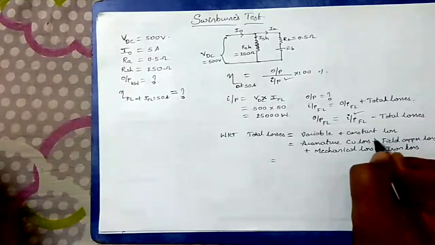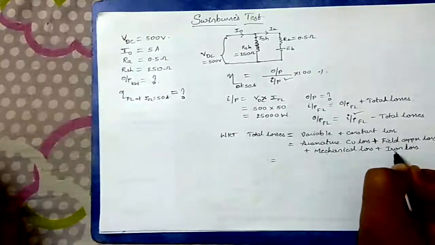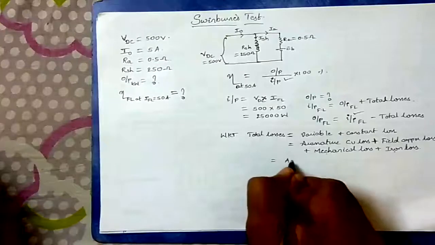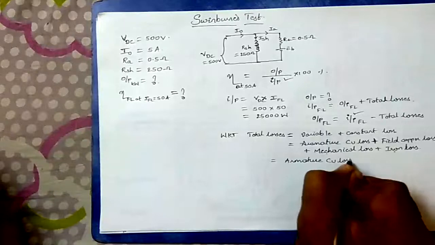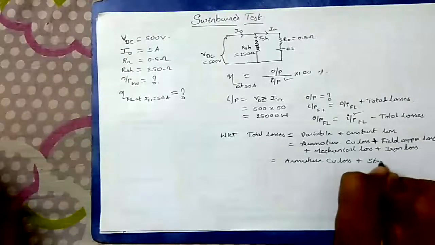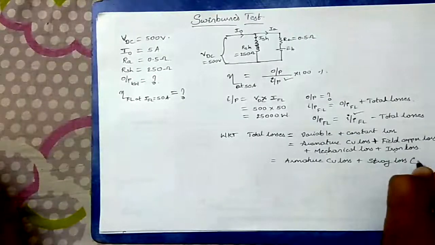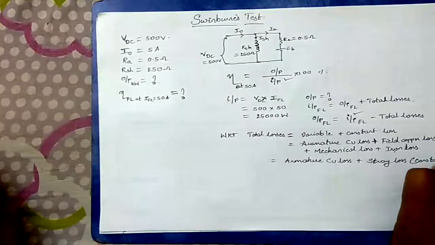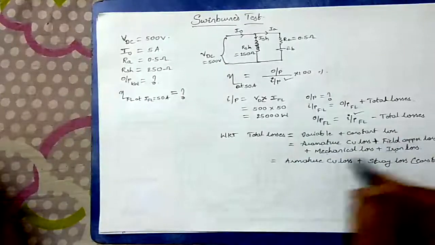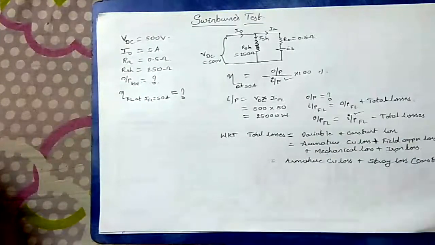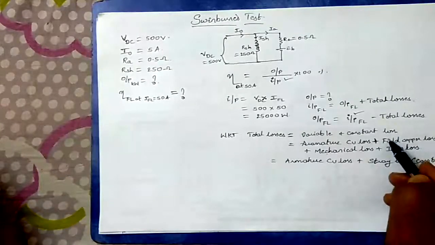So I am going to call field copper loss, mechanical loss as well as iron loss collectively stray loss: armature copper loss plus stray loss. You can also call it constant loss. This is only true for a shunt machine because field copper loss is not constant in a series machine.